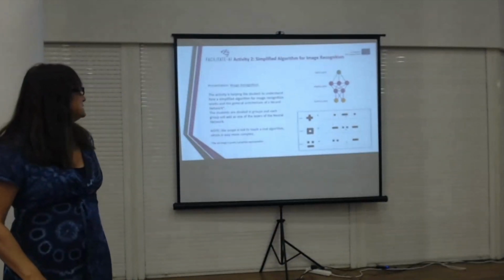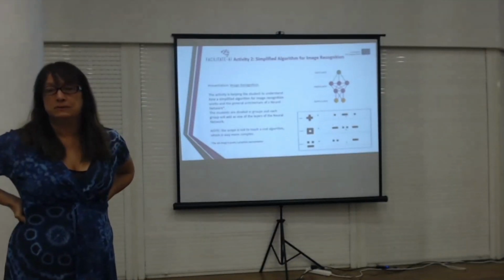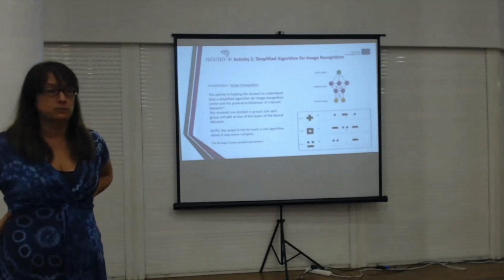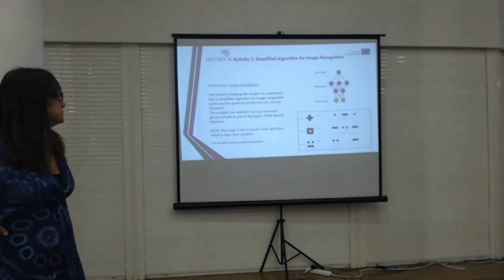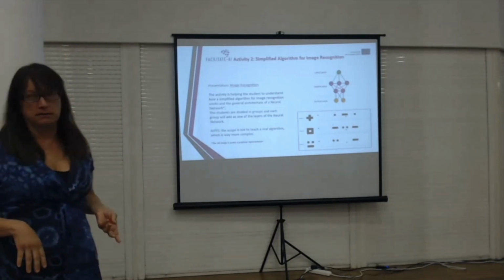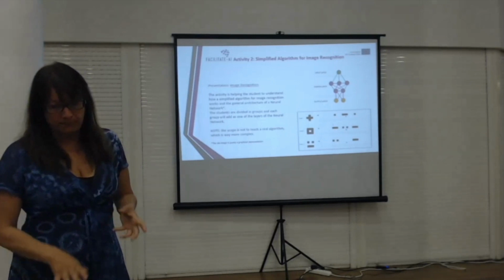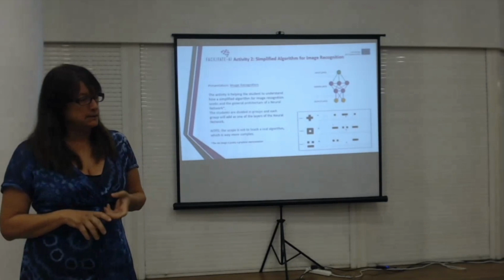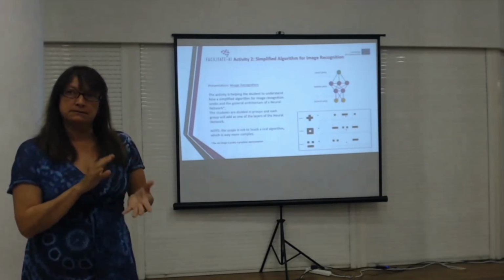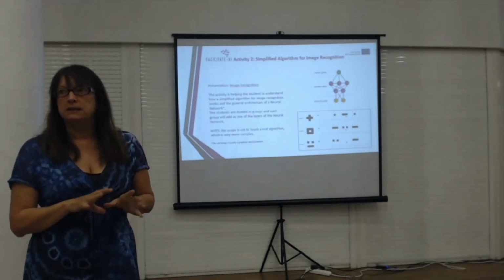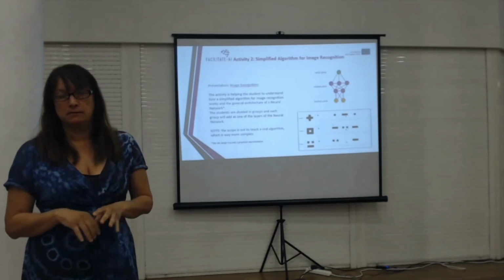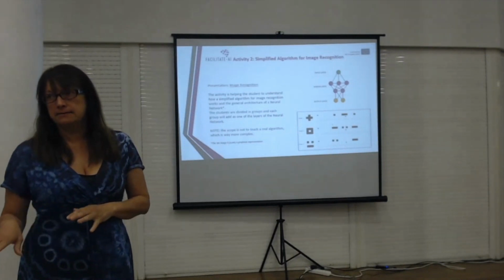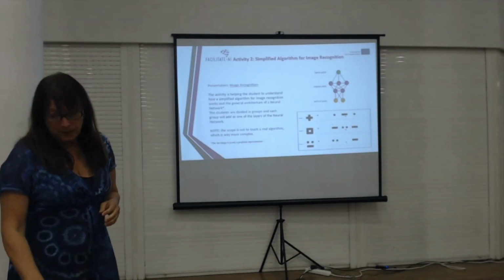This activity helps the students understand how a simple algorithm for image recognition works and explains a little bit of neural networks. Students are divided into three groups. One group takes care of the input layer, the second group takes care of the hidden layer, and then there is the output layer.